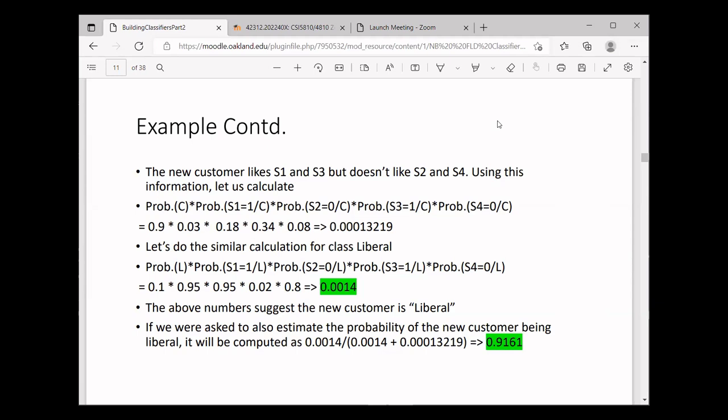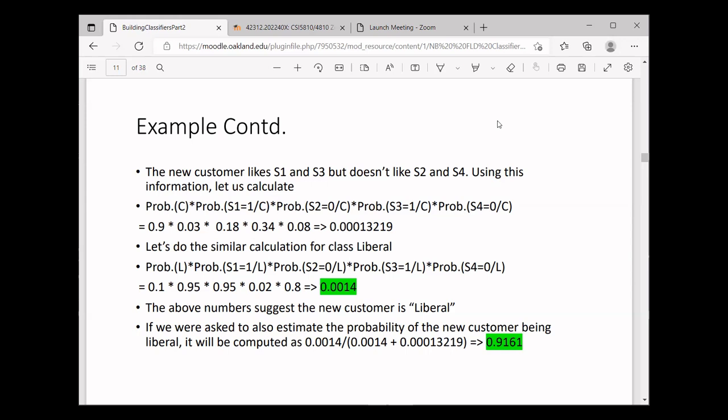formula. So sometimes you might say, well, there are only two possibilities, and the two probabilities should add up to 1. How come they are not adding up to 1? The reason is that we discarded the denominator part. If we normalize these two probabilities by dividing each by the sum of the two, you find that the probability that this new customer is liberal comes out to be 0.9161.